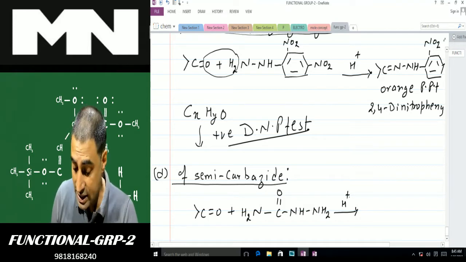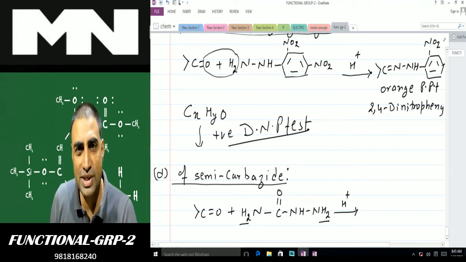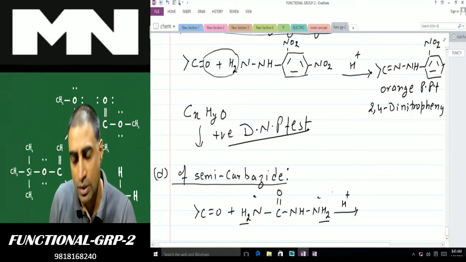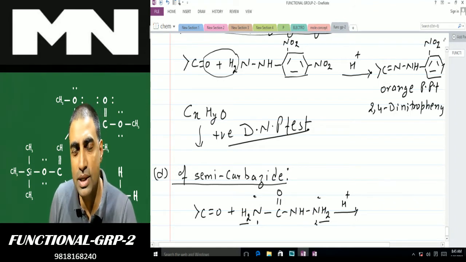See, here you can see that you have two nitrogens which can act as a nucleophile. Either this nitrogen can act as a nucleophile or this nitrogen can act as a nucleophile. Now in this case I want to tell you that I am marking this as number 1 and this as number 2. It is number 2 nitrogen that will attack as a nucleophile, not number 1.